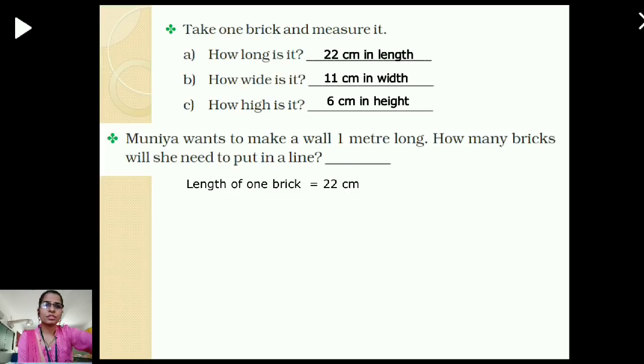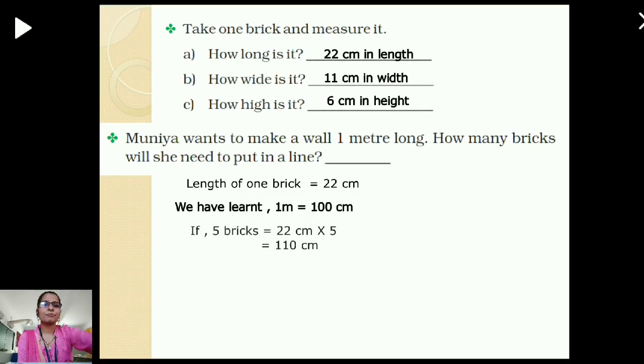So suppose I take 5 bricks, what will happen? Now we know that 1 meter is 100 centimeter, isn't it? If I take 5 bricks, it will be 110 centimeter, that is 22 centimeter into 5 is 110 centimeter.